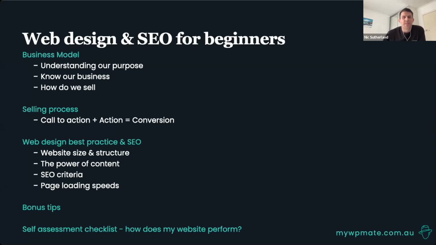But SEO isn't everything. So today we're going to have a look at the fundamentals of selling online. These are things like understanding our business model, knowing our audience, selling online, creating a call to action, and holding the attention of our website viewers. Once we get through that, we'll delve into the more technical areas of good web design and SEO best practice.